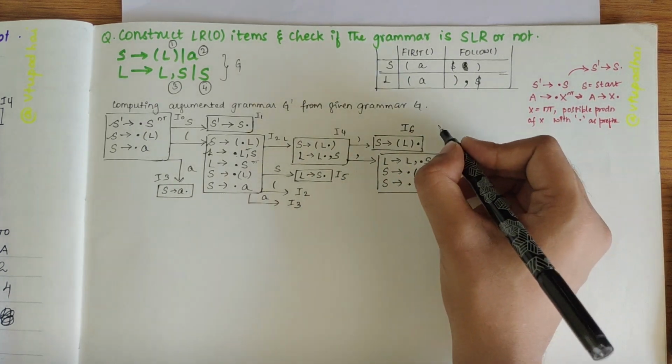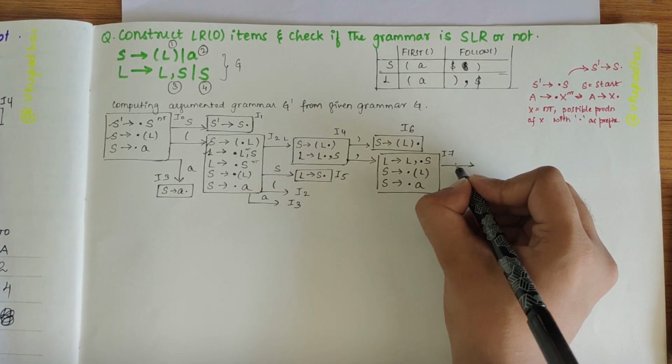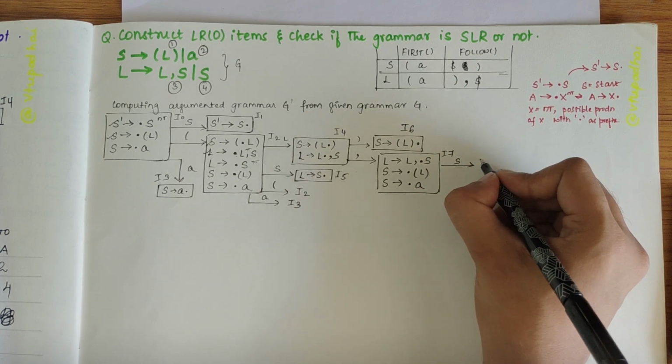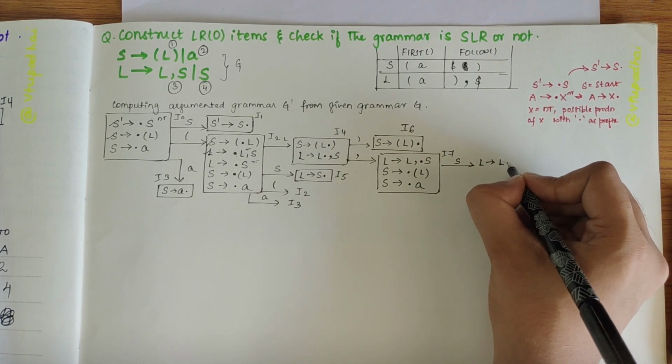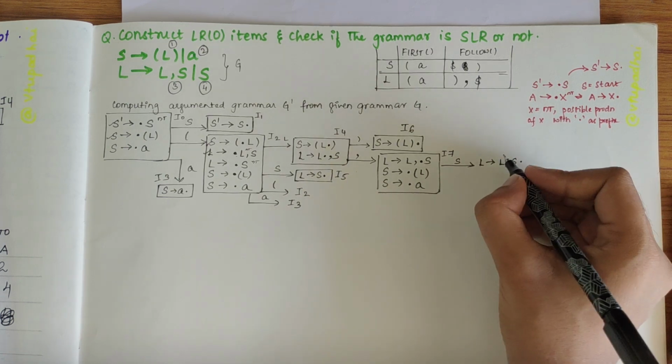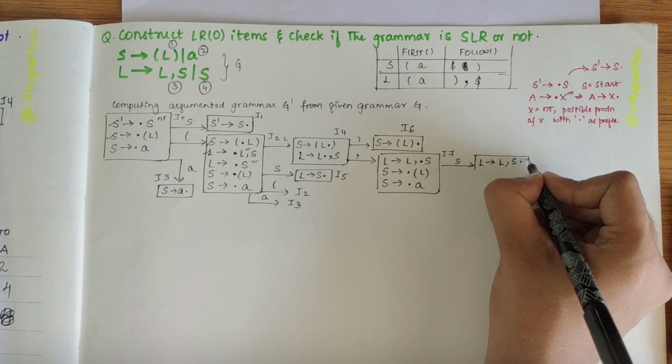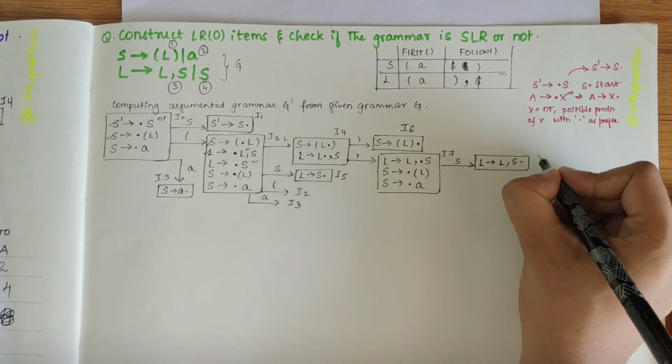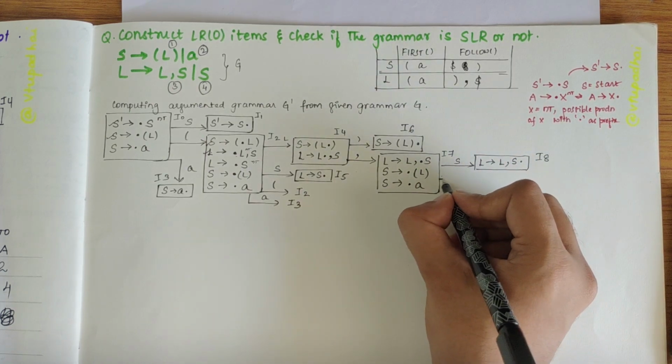So I5 is done, I6 is done, now I7. Over S, I can shift this dot, so I'll get L derives L comma S dot. I'll take this as I8.